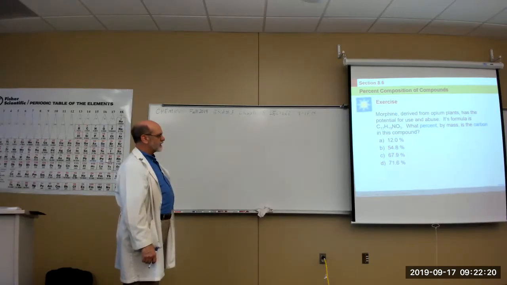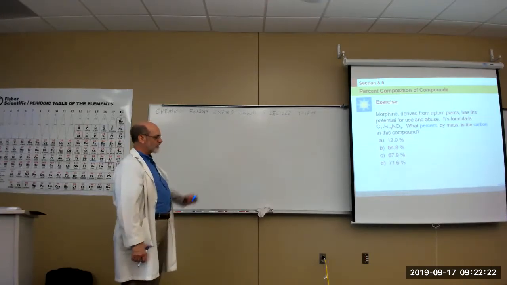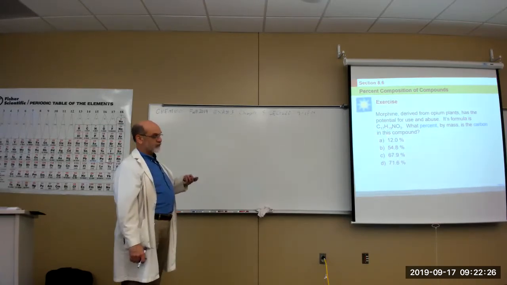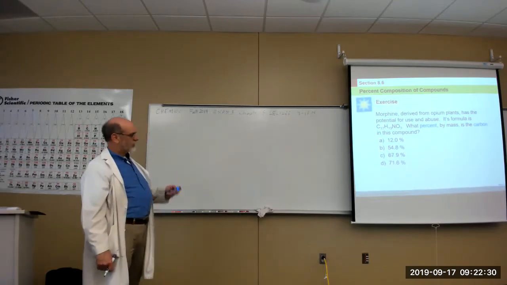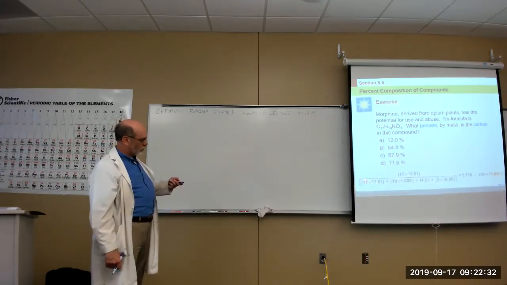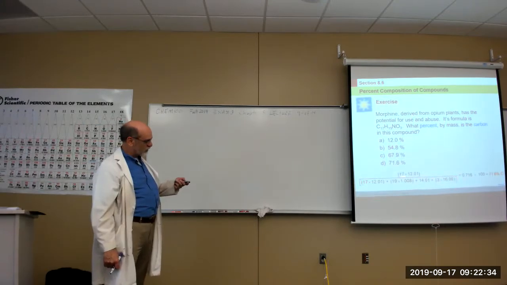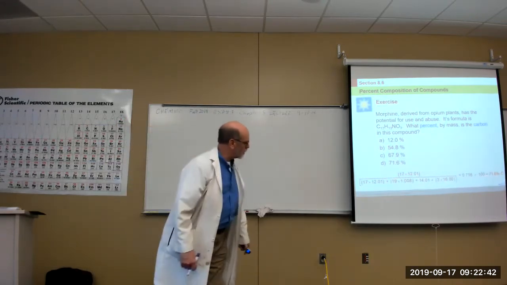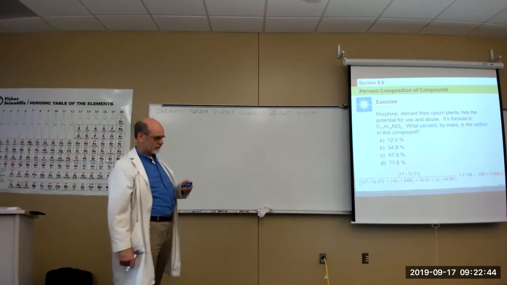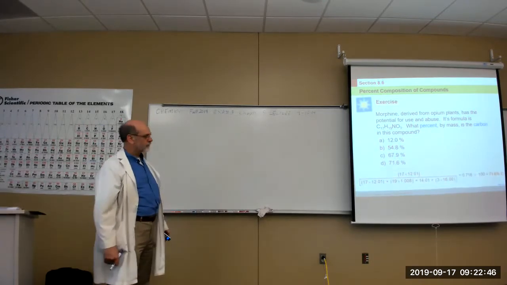All right, we could do that same calculation for this one. This is the formula for morphine, so that's a pretty big molecule. It's going to weigh this much per mole. And the contribution of carbon is here in the numerator. So that gives you 71.6% carbon if you do that calculation.